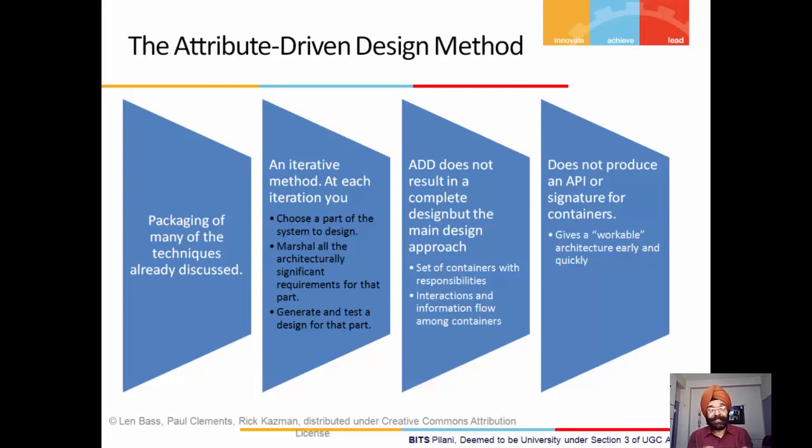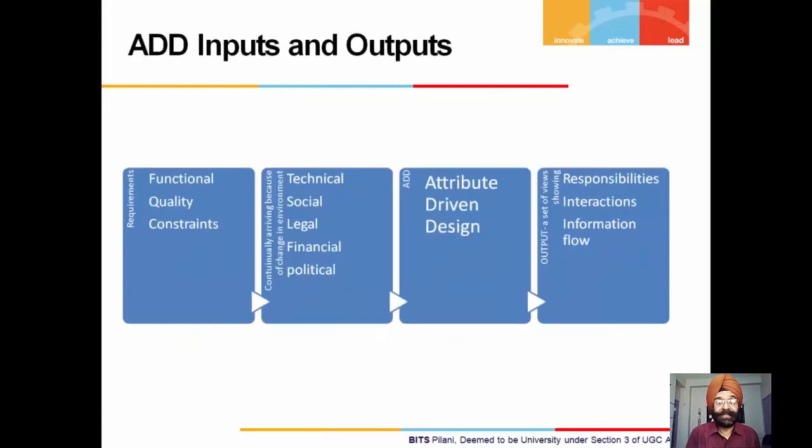So these containers, and that's why we call it architecture, interact and there's an information exchange between them, and put together they satisfy the ASRs for the project. So at the end of an attribute-driven design method, we come out with a workable architecture early in the development process. We do not come out with an end product. We have attributes in mind, we focus on them, and we work towards the end.